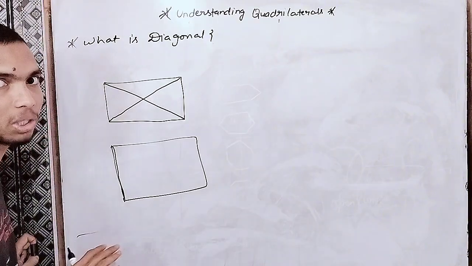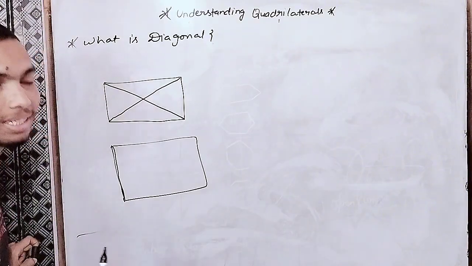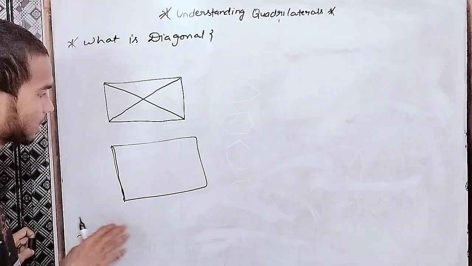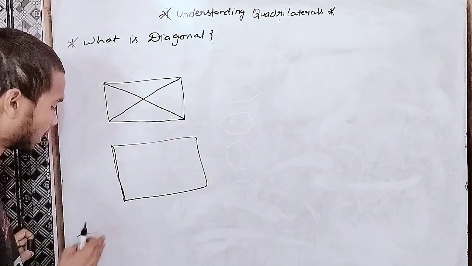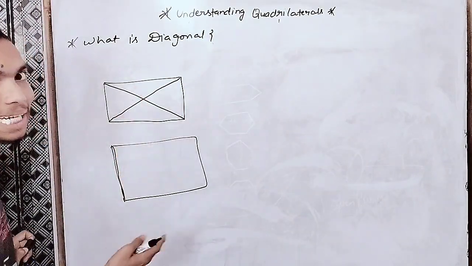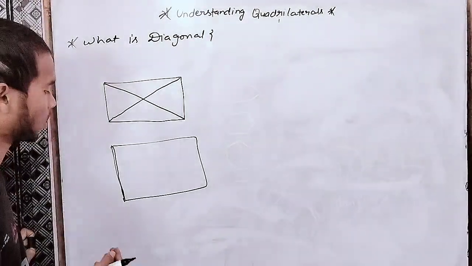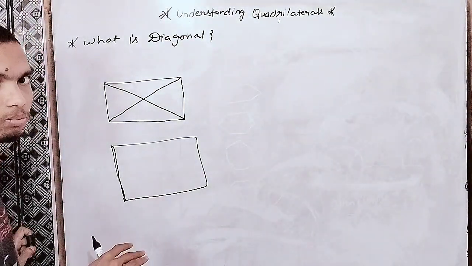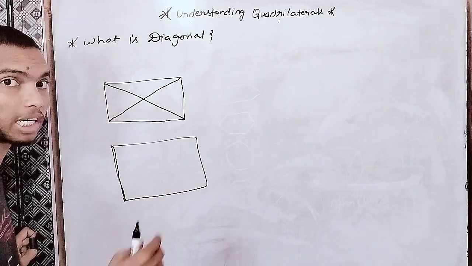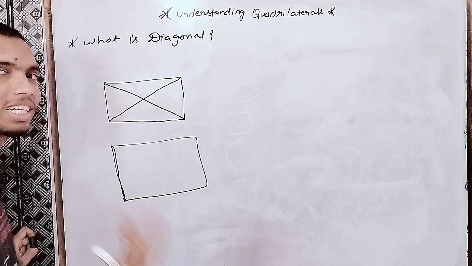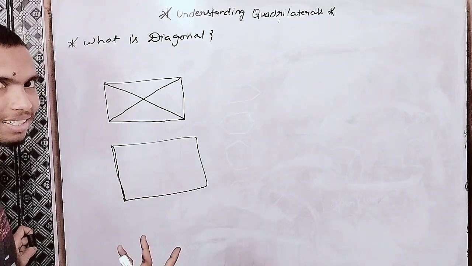So here we don't need base and we don't need adjacent. We are understanding about a diagonal. We are not understanding about adjacent or base. Base is another part, and diagonal is another part. Perpendicular is something else.